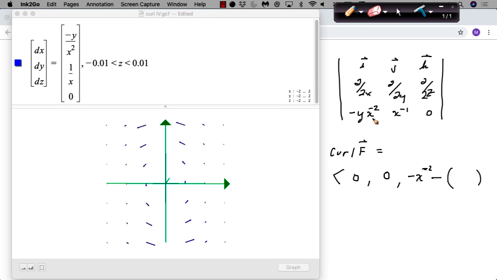And remember what this was? This was Qx minus Py. That was our z component. Qx minus Py is the z component of the curl. What's the curl? It's 0. Qx minus Py is 0. What does that mean?